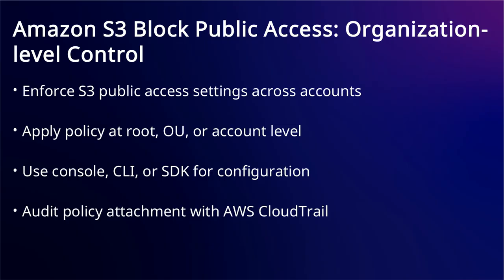This policy can be applied at the root, OU, or individual account level for flexible control. You can configure the settings using the AWS console, CLI, or SDK. Additionally, AWS CloudTrail integration enables you to audit policy attachments and enforcement across member accounts, ensuring compliance and security.